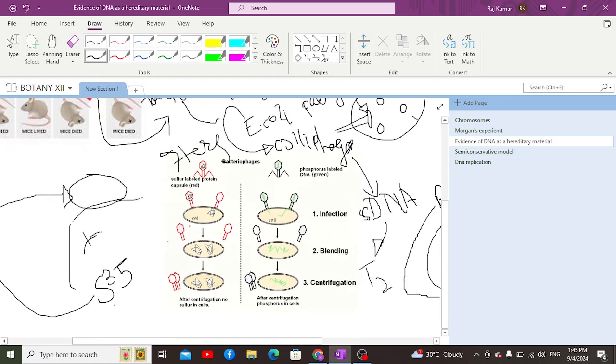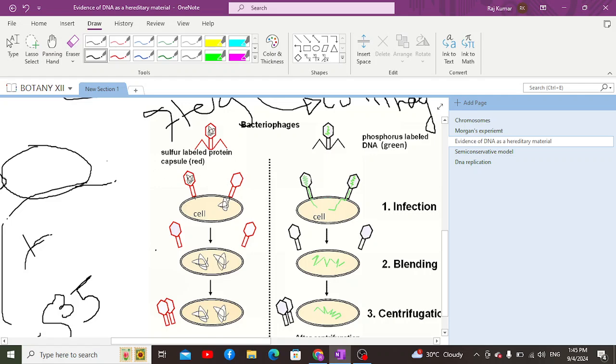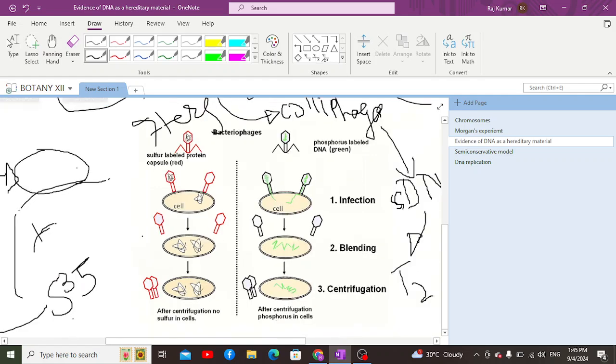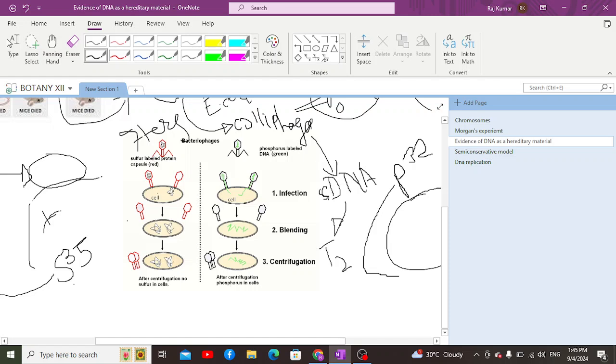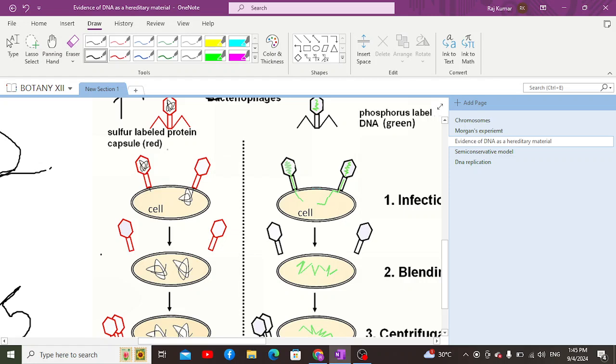Now what they actually did was they prepared both of these cultures, which contain radioisotope sulfur 35 and radioisotope phosphorus 32. When they introduced an E. coli bacterium into that culture, they found that in the first culture, the sulfur labeled protein, which had the amino acids with sulfur 35, was left behind during the process of injection into the E. coli bacteria.